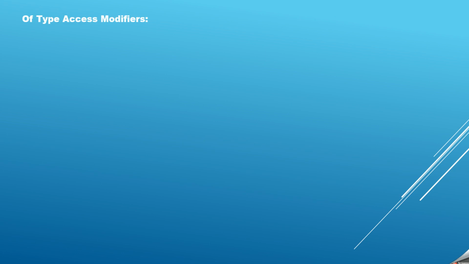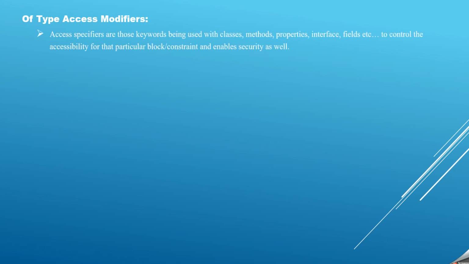So this is my second category of types: access modifiers. As the name itself suggests, access modifiers are those you would have heard of or covered in your C++, if you have come across it.